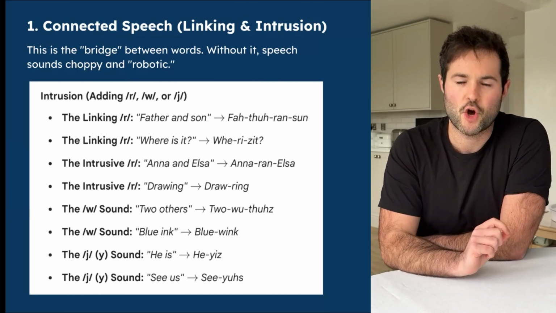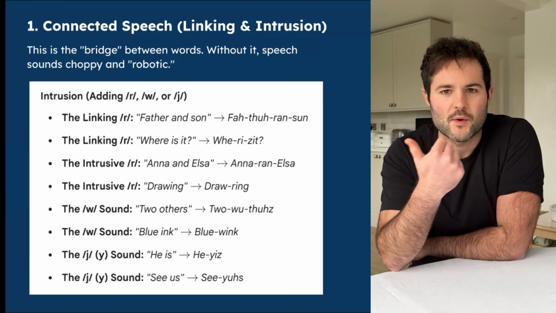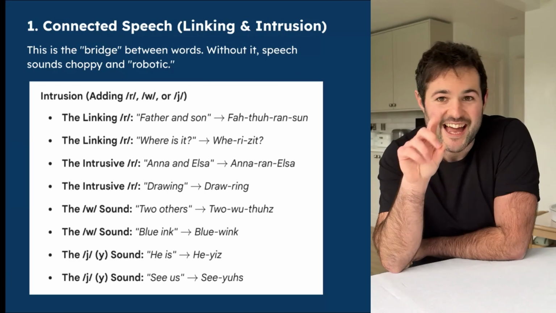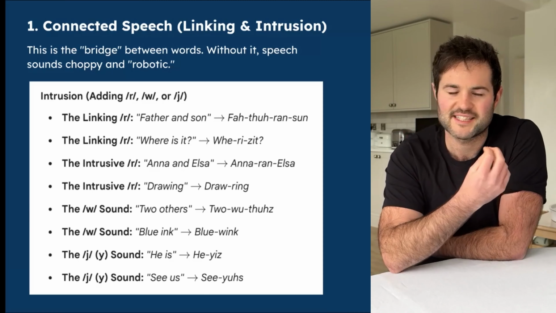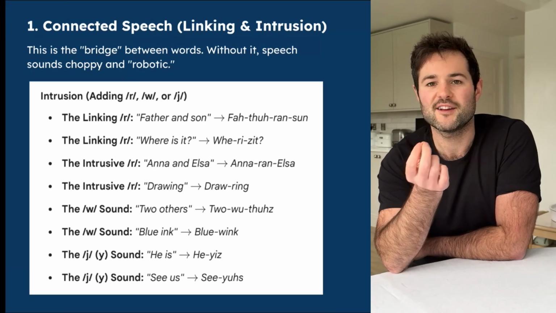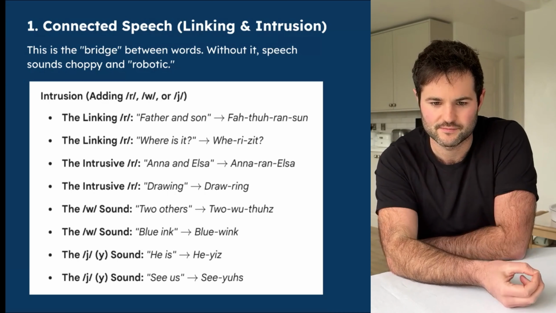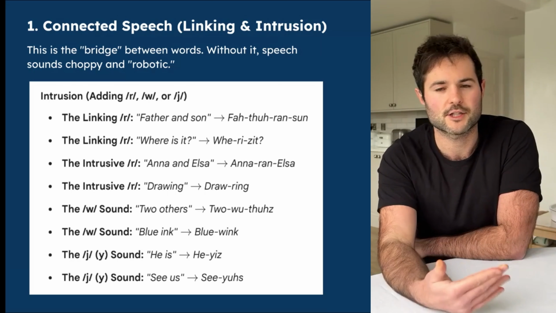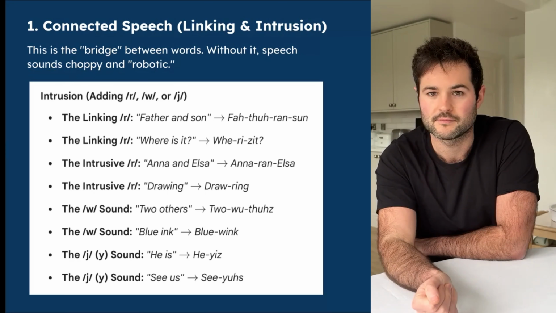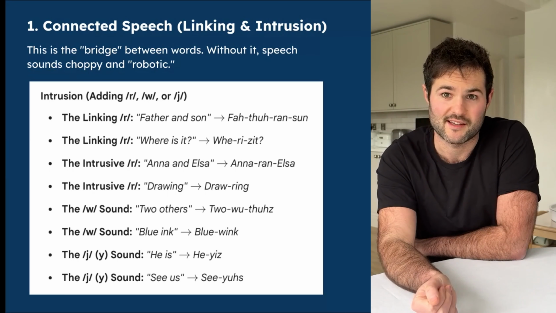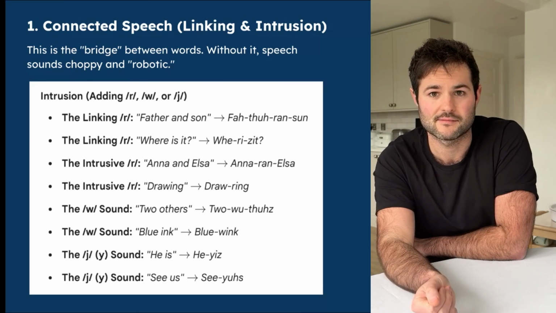And our next combination is when you have the J and Y sound. What do I mean by this? Essentially, we are adding a Y or a J to the pronunciation with simple phrases such as he is. We actually usually say he-yis.